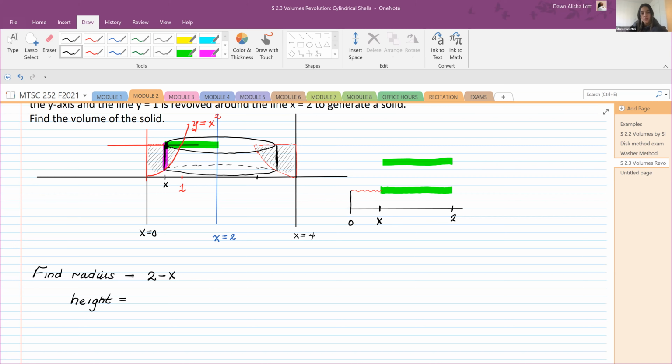Okay, and what was the first one again? What's this line? 1. Yes. Okay, so we're taking the whole height of 1, and then we're subtracting off x squared.